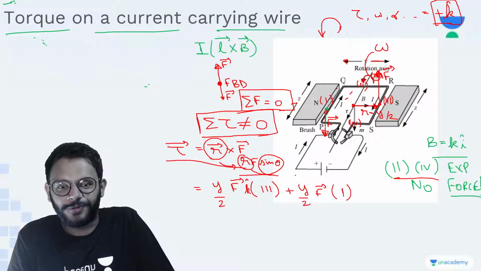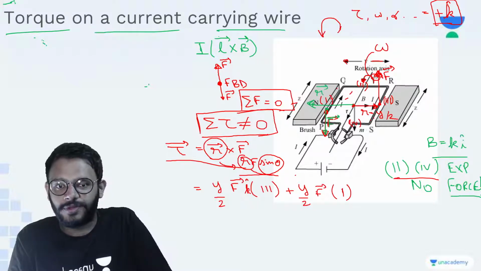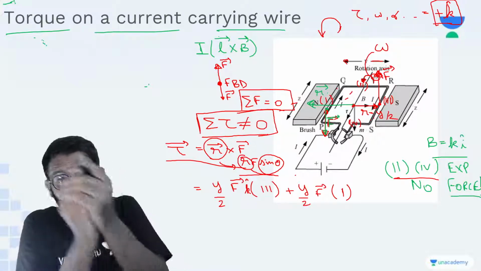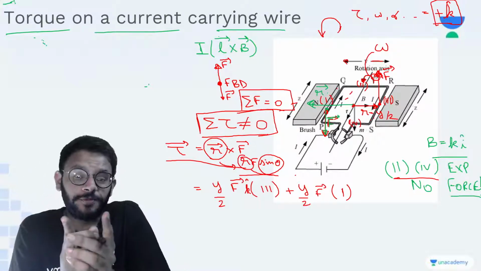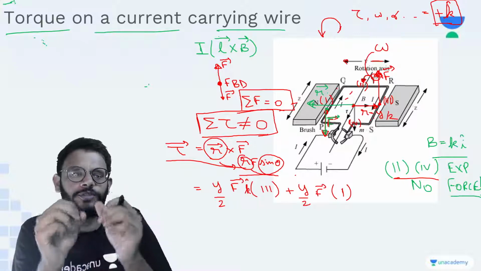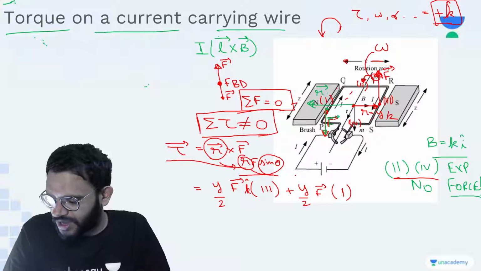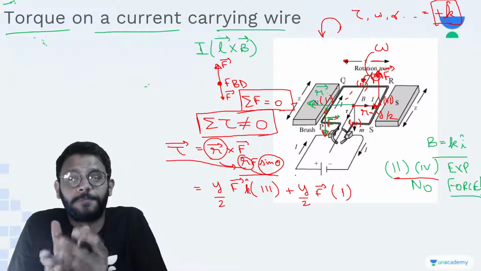So force is acting downwards, my r vector is leftwards. R is nothing but the position vector of the lever arm, from the axis towards my wire. Remember this, position vector is defined from an origin or from an axis and it goes towards the wire.